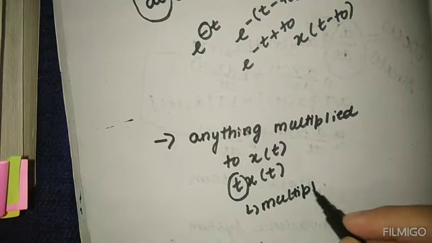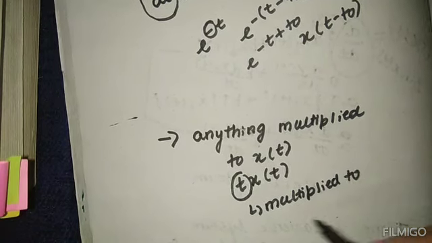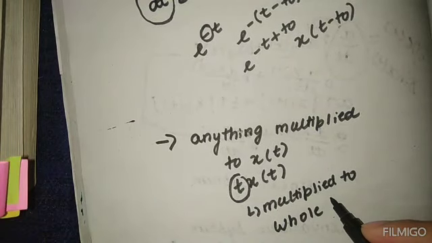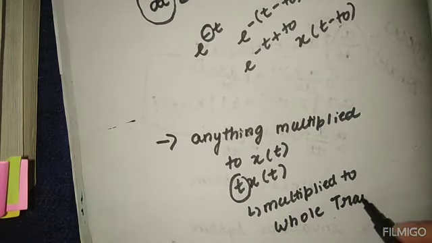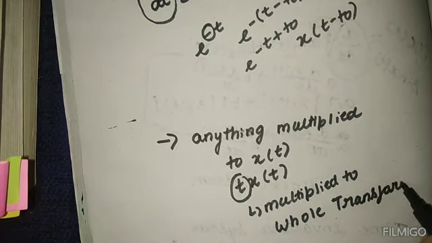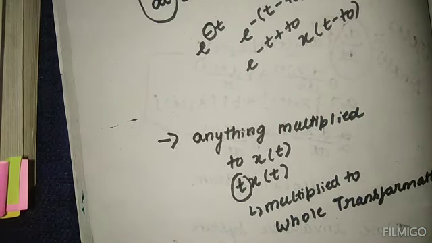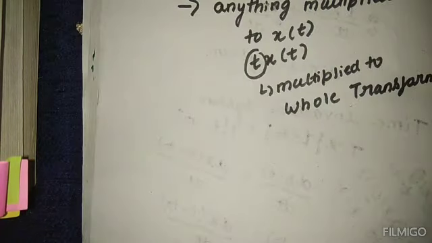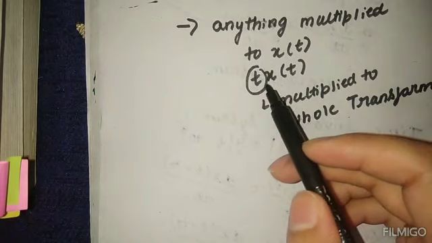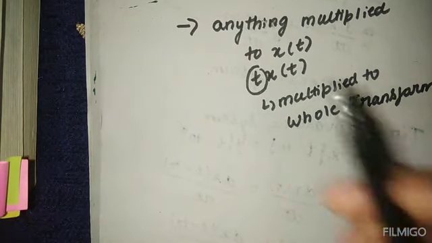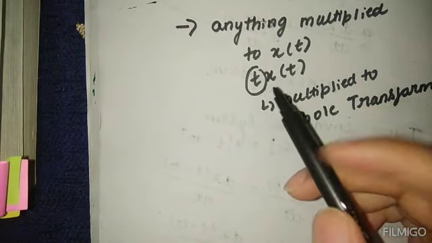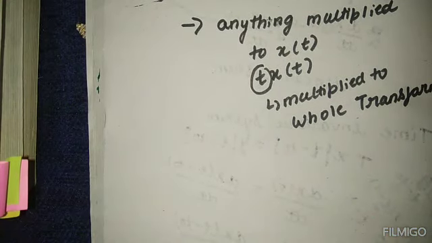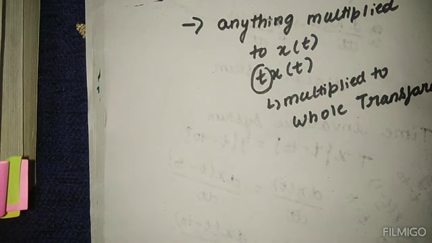Whole transformation in the sense of the transformation of a x1 of t plus b x2 of t. So for that it should get multiplied. If it does not get multiplied, then it is non-linear, because in the case of a single transformation, it gets attached to x1 of t as well as x2 of t, but in the case of the whole transformation, it gets attached to the whole of a x1 of t plus b x2 of t, which becomes different, right?